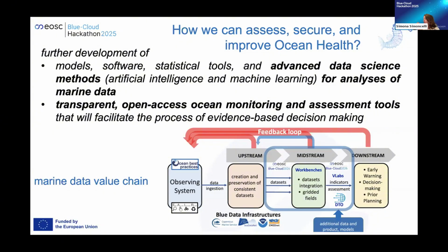And those data can be shared through Blue Data infrastructure, actually must be shared for the advantage of the entire society, to be then distributed by this Blue Data infrastructure, which can also assemble different types of instruments' data, and can provide integrated and aggregated data sets to derive key products on which we can base ocean monitoring or ocean climate indicators.